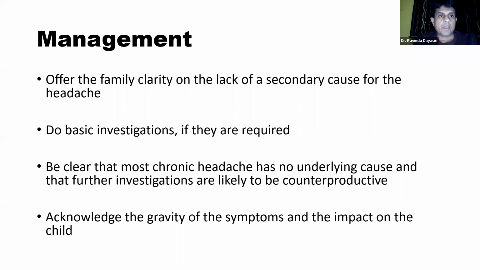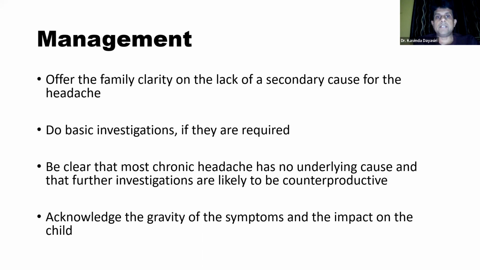Right. All right. So overall, now we discussed individualized management of each and every cause. Overall, what the family wants is, most of the time, these parents or the teenager want an explanation of why they are having the headache. They won't mind if it's a migraine or tension type headache, because their child is not having a tumor or some underlying primary cause.